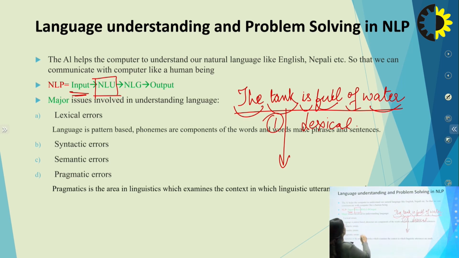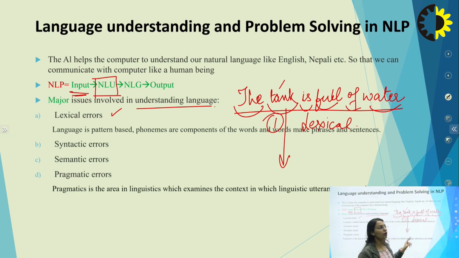As I've told you, the major issues involved in understanding language start with lexical errors. The first phase error is the lexical error, as the sentence is broken into various tokens and every word has a variety of meanings. I am talking about a tank, and this tank has two meanings, a water tank or a military tank.